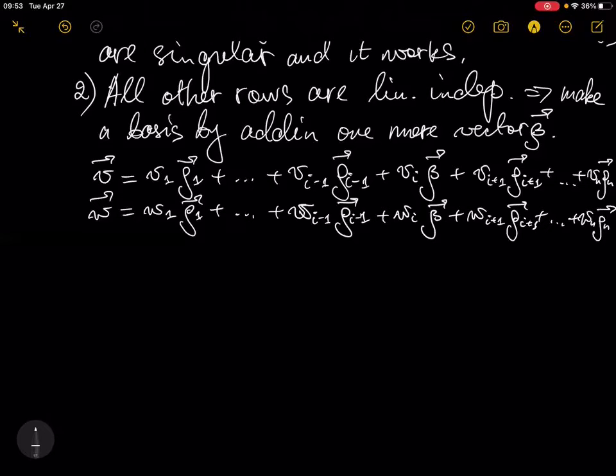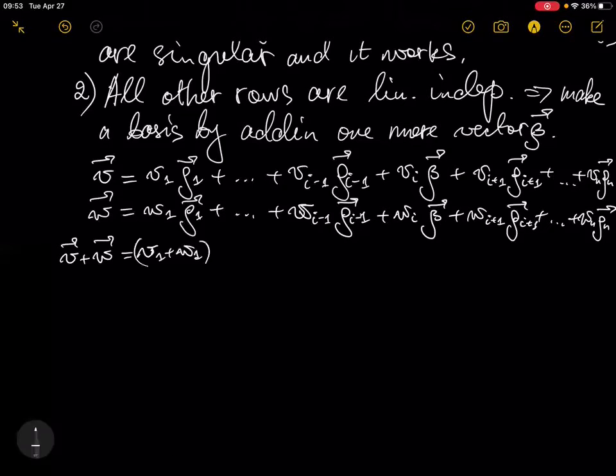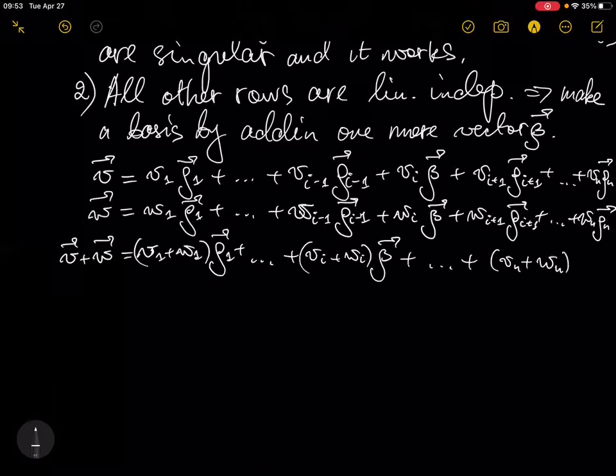Now, when we add the corresponding V plus W, we will get V1 plus W1 rho 1 plus and so on plus Vi plus Wi beta plus and so on plus Vn plus Wn rho n, right?